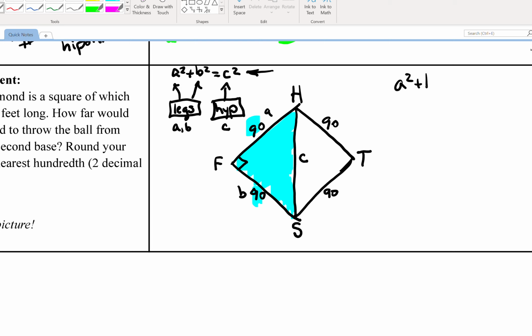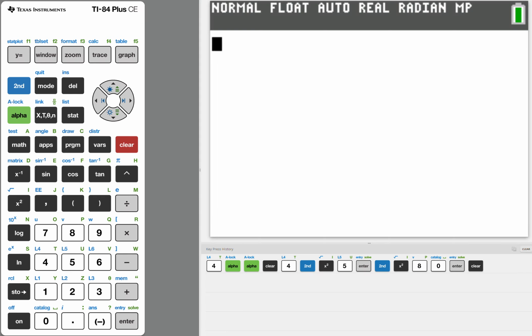A squared plus b squared equals c squared. A is 90, so that's 90 squared plus 90 squared is equal to c squared, which we don't know, so we're going to leave that as c squared. Then we can plug this into our calculator. The parentheses really aren't necessary in that case.